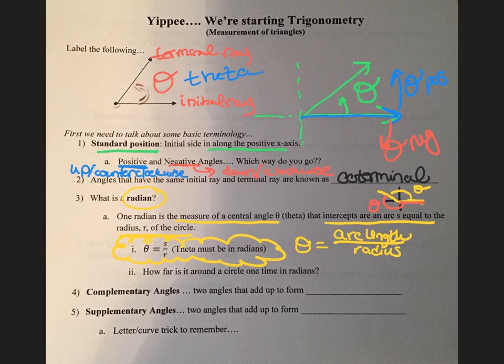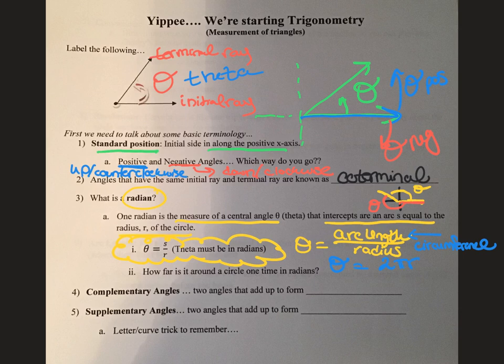So let's think about this for a second. Let's talk about a circle. Let's see how many radians there are in one circle. So if I want to find out how many theta radians there are in one circle, we first need to talk about the arc length of a circle. Well, the arc length of a circle is also known as the circumference. And the circumference of a circle we know is measured as 2 pi r.